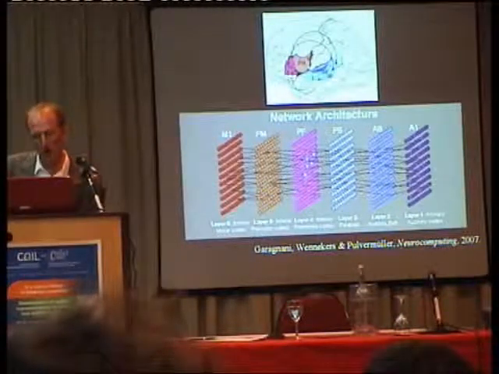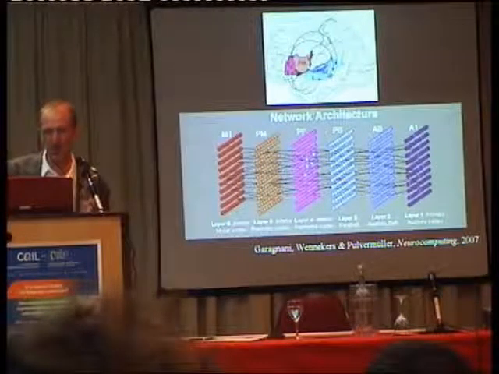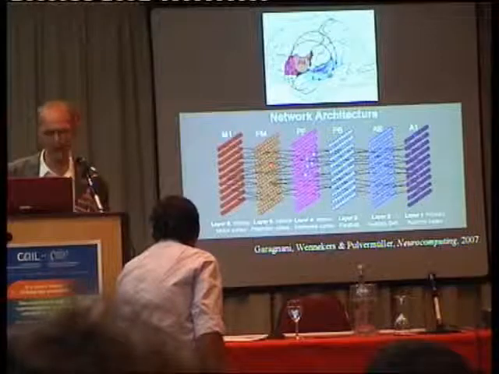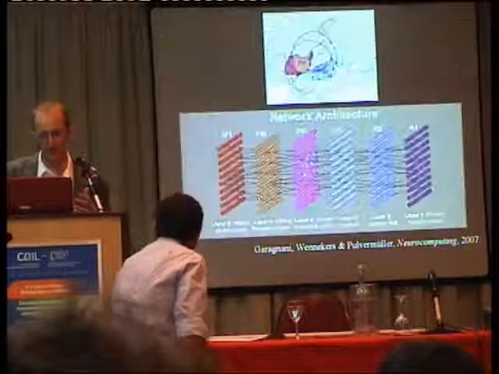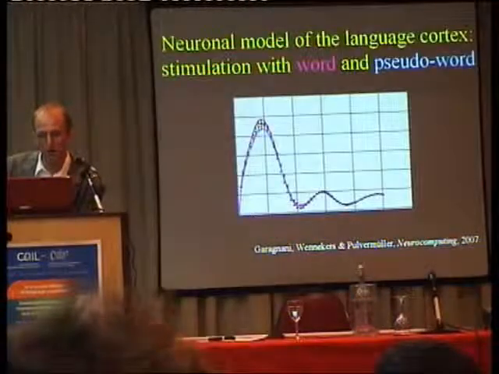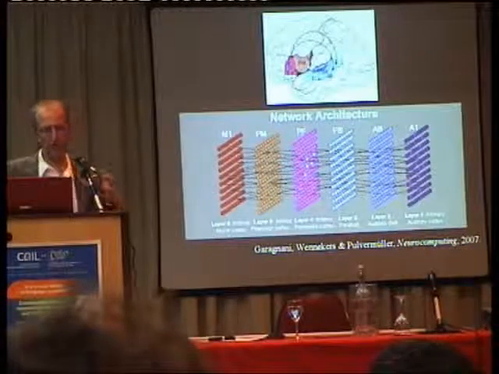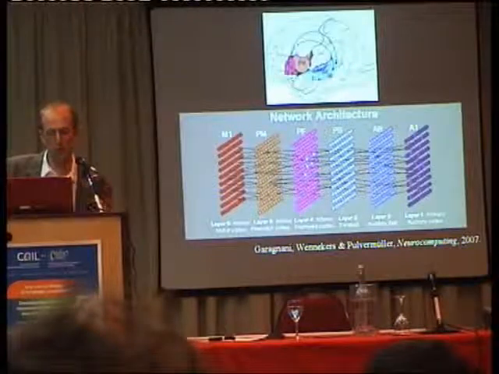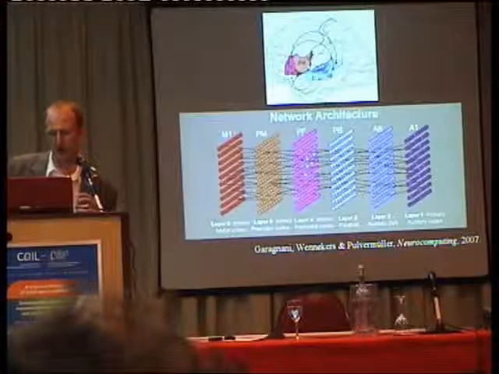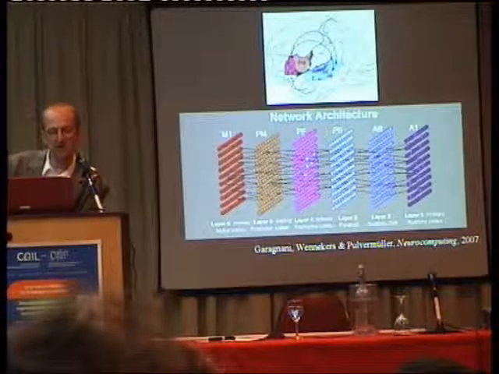Now we can use such models to do many things. One of the many things is to make predictions on the cortical activation during processing of words and other patterns. What we did in one simulation was we compared the activation produced in such a model when words and when matched meaningless items, not learned items, pseudo words, were presented to such a model, thereby simulating the comprehension of meaningful words and meaningless pseudo words.